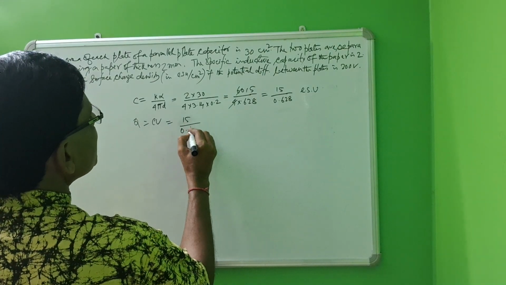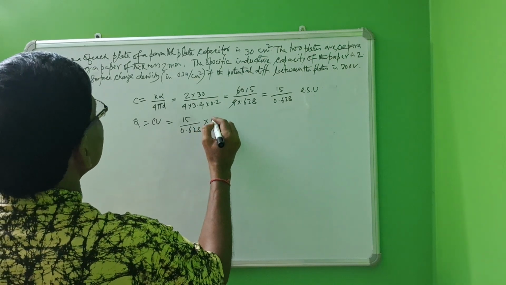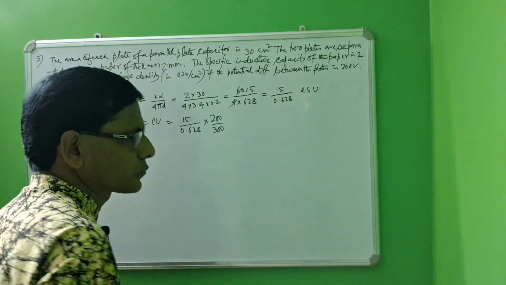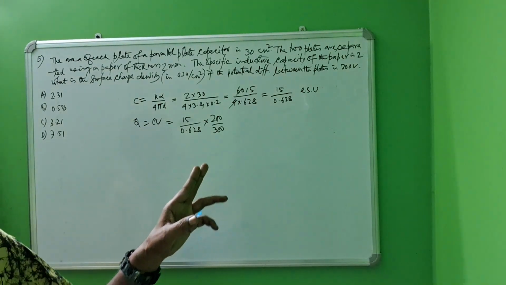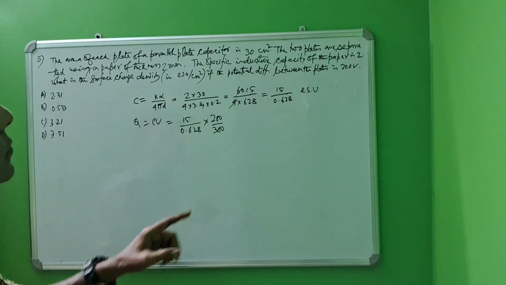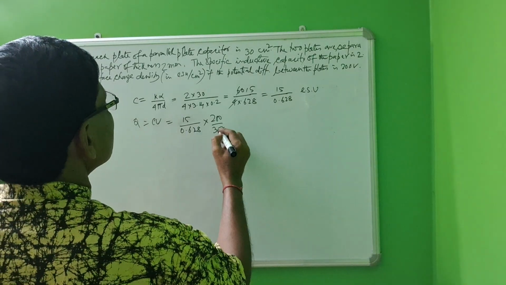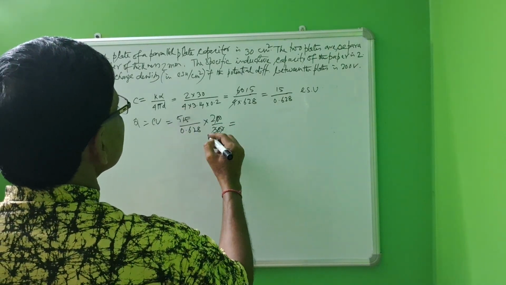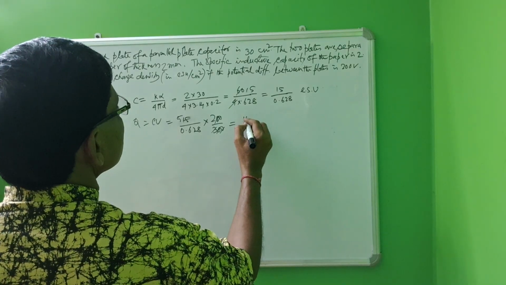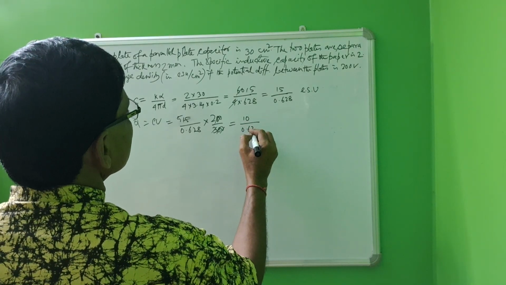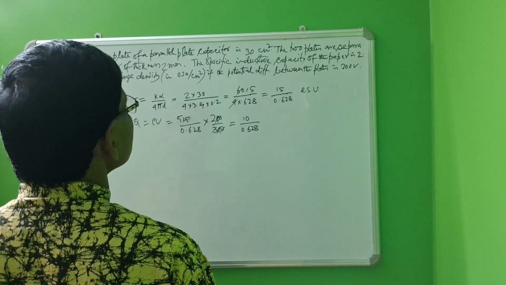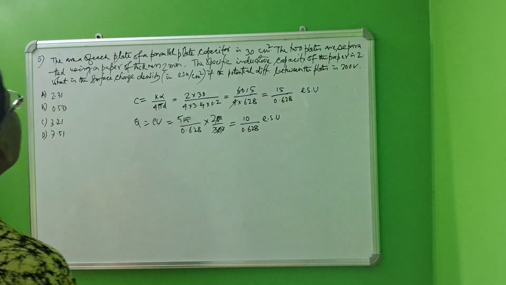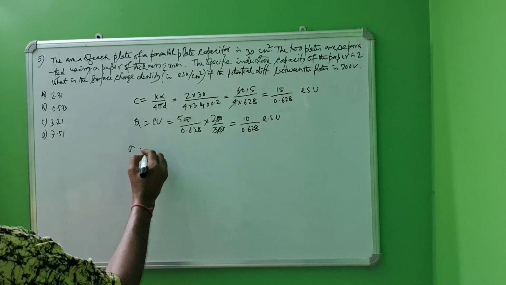15 by 0.628 into, because we know 1 volt equals 1 by 300 ESU. So this is, so the surface density of charge equals to.